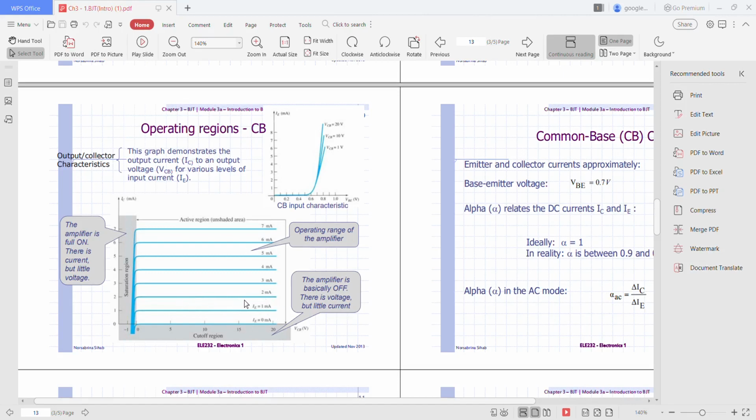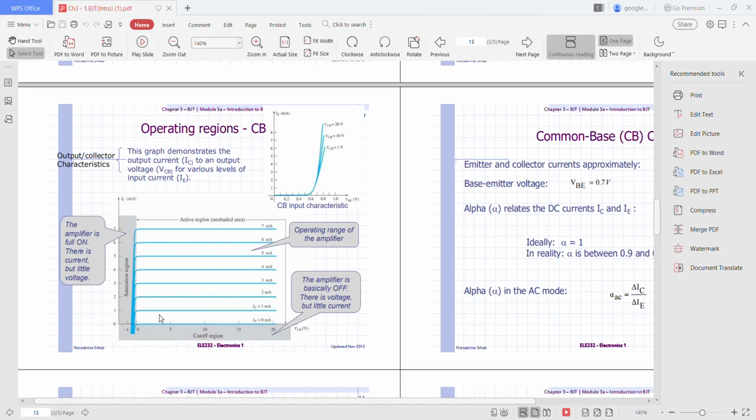This is IE equals 2. So this is actually the active region. The unshaded area here is the active region. The gray area over here is the saturation region, and this is the cutoff region. So this is the operating range of the amplifier.